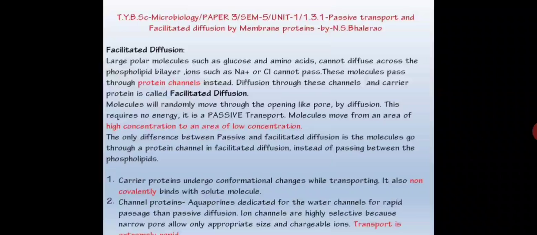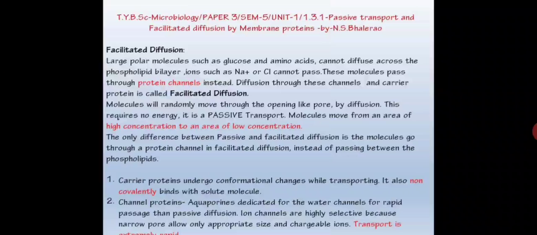Okay, in previous slides we have seen that. So these molecules pass through the protein channels. The mechanism is that these are charged molecules, or molecules like glucose or amino acids, which are bigger in size as compared to oxygen or carbon dioxide.